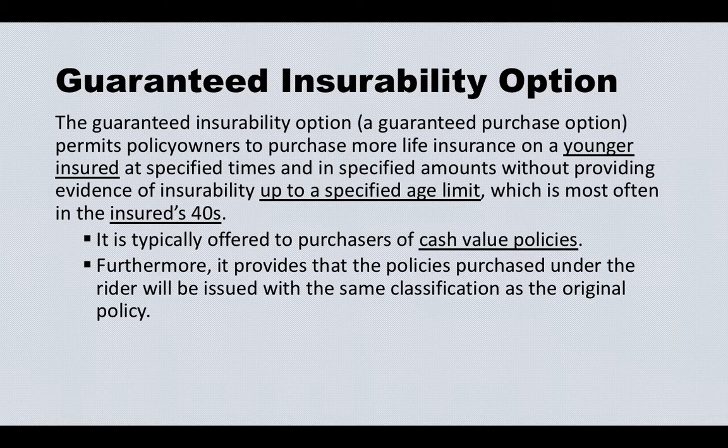For some people, life changes: you get married, you have kids. So your death benefit need increases, right? In that situation, you can get this rider. In the future, you can buy more insurance without going through underwriting again. So that's the guarantee insurability option.